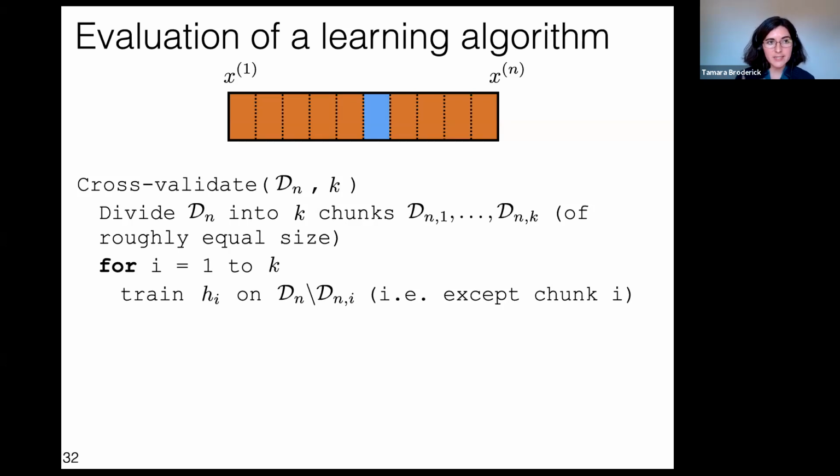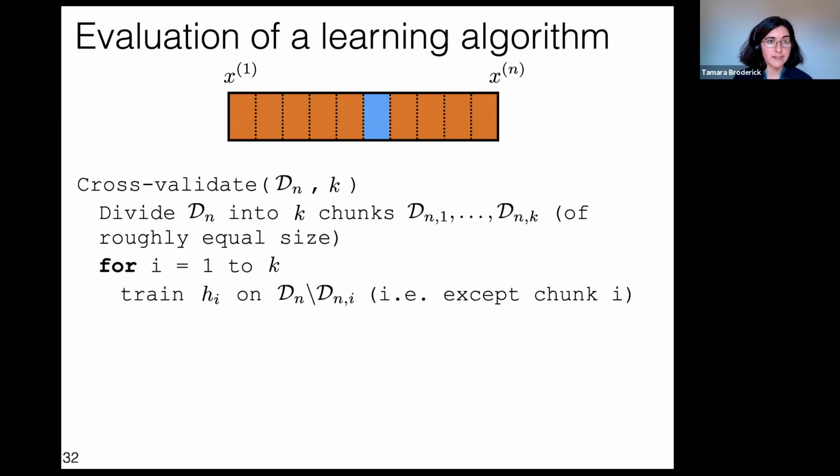Here, the input to our learning algorithm is going to be all of the data except for the ith chunk. That's what this notation means. The DN backslash DNi means we're going to take all of DN except we remove the ith chunk.